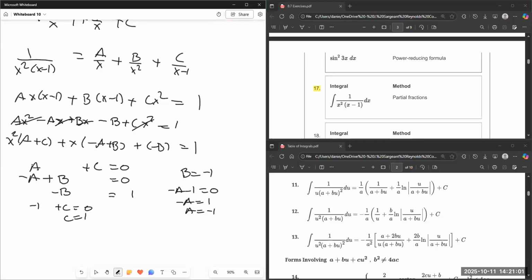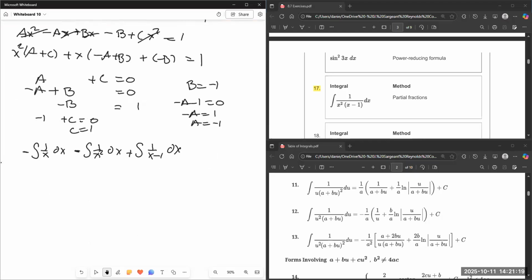So that gives me negative integral 1 over x dx minus integral 1 over x squared dx plus integral 1 over x minus 1 dx. So that's negative ln of the absolute value of x plus 1 over x plus ln of x minus 1 plus c.